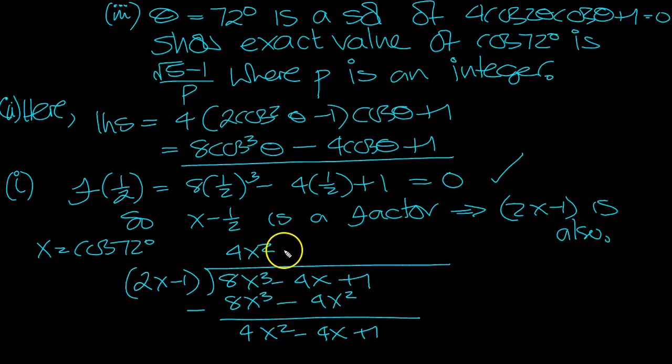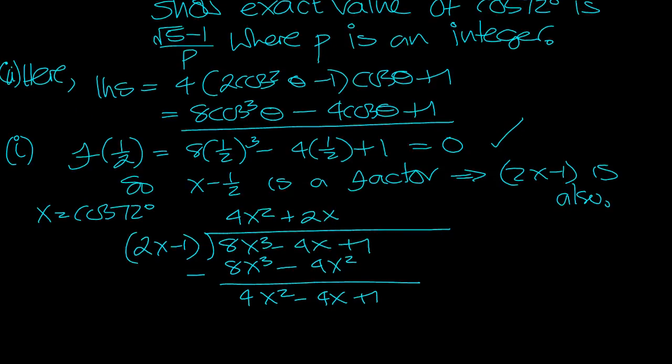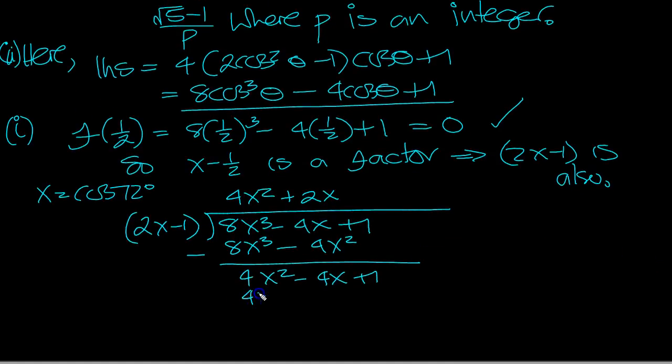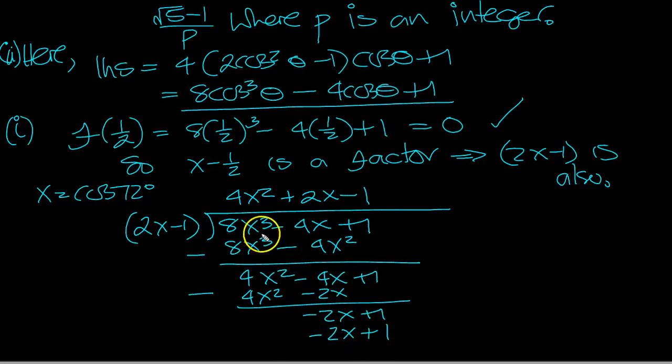Then we get 2x. And then we'll get 4x squared here, minus 2x. Take them away. You get minus 2x plus 1. Minus 1. Minus 2x plus 1 then, isn't it? Take them away. You get the 0. So this is the root.